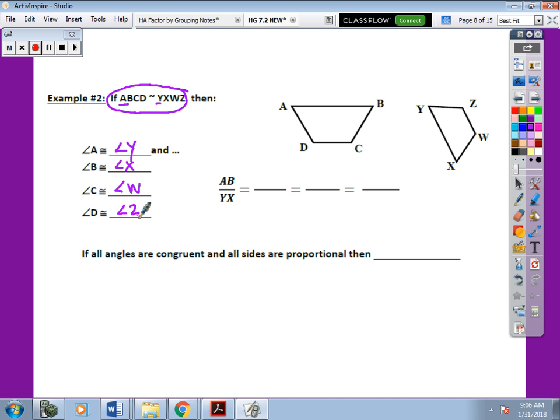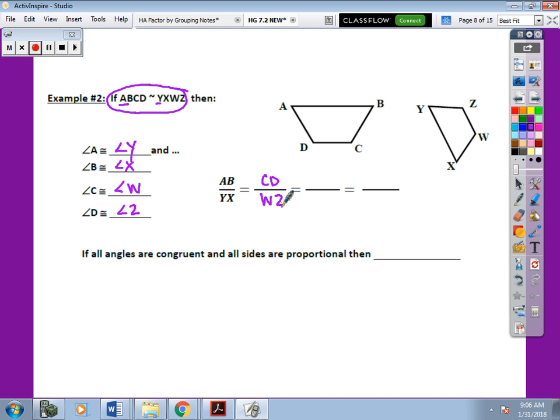Now remember, the sides are not congruent. The sides are proportional. So all you're going to do is you're going to write a proportion or several ratios strung together with an equal sign. So they've taken AB, the first two letters, over YX, the first two letters. Who thinks they could come up with another one? There's a lot of them, obviously. Marquise? CD over WZ. Sure. Last two letters, last two letters. Who can give me another one?